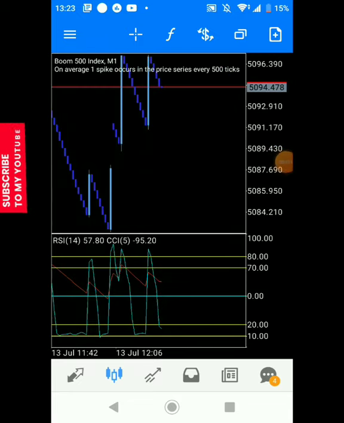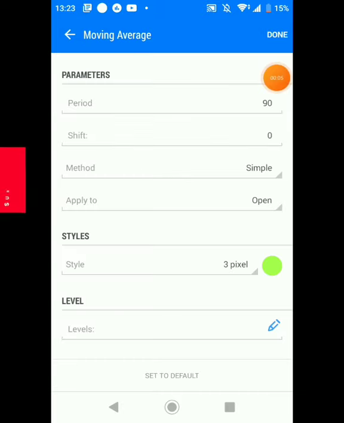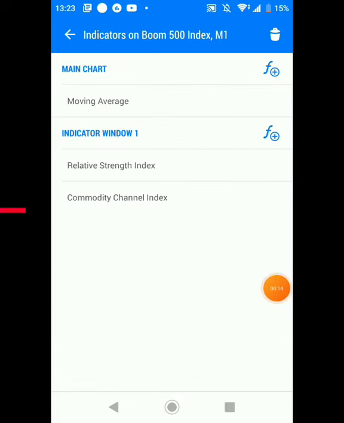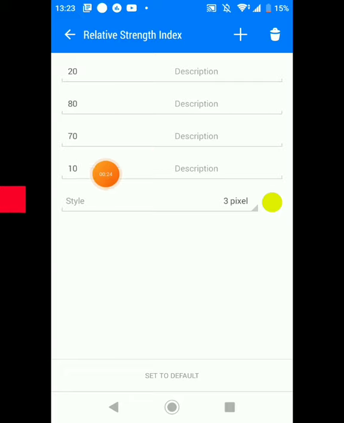Lest I forget, these are the settings. You have your moving average to tell you the trend of the market. Period to be 9, simple, open, 3 pixel, whatever color you want. The relative strength index, 14, close, red, or whatever color you want. You have the levels to be 10, 70, 80, and 20.